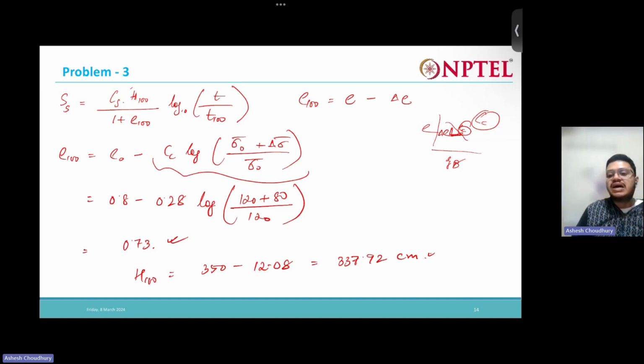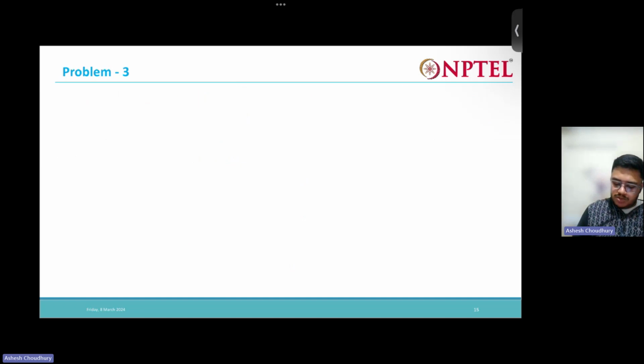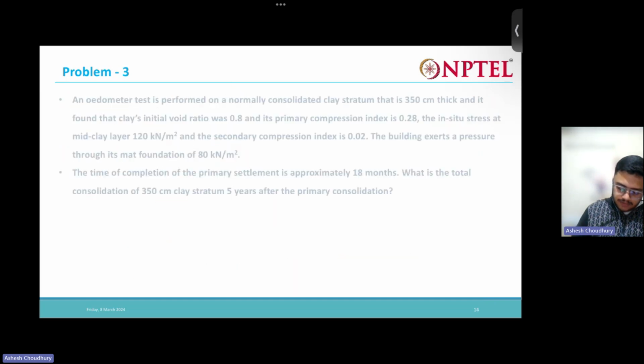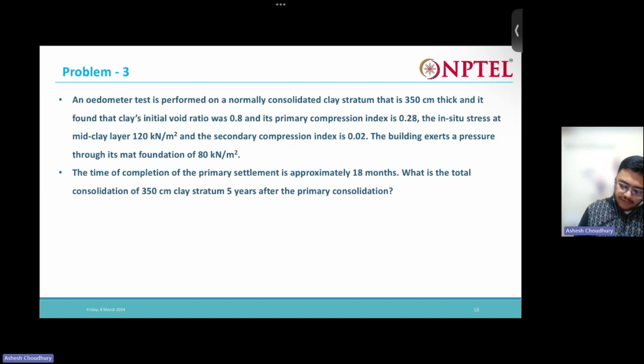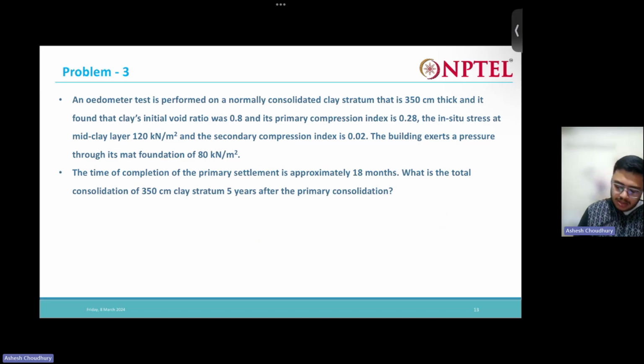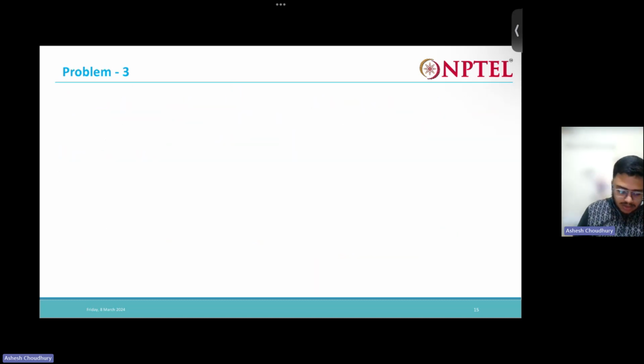T is 5 years, because the question asks after 5 years after primary consolidation. And T100 is 18 months, which means 1.5 years.